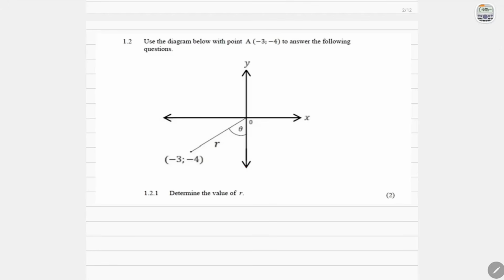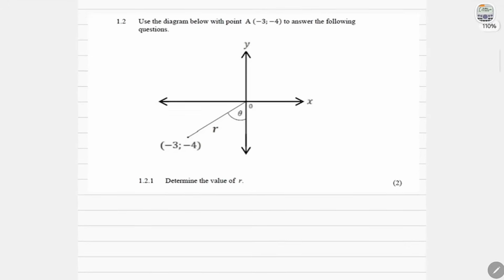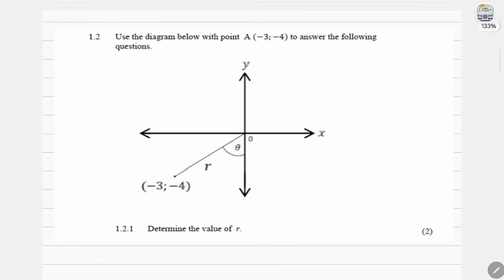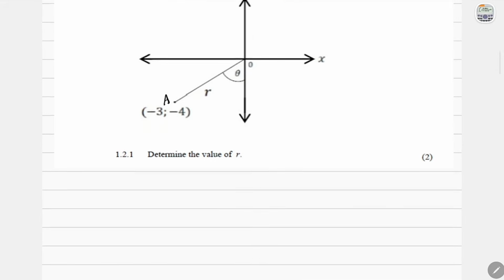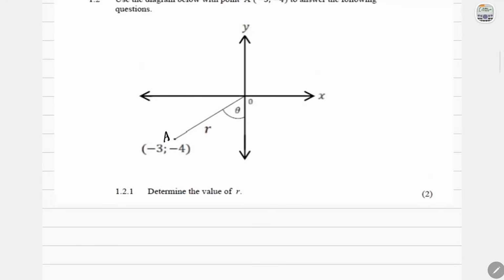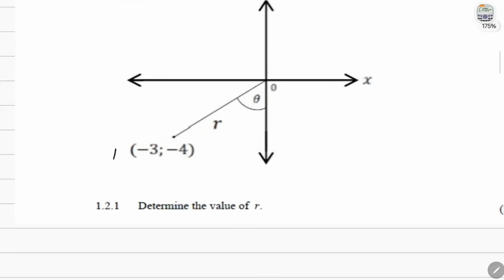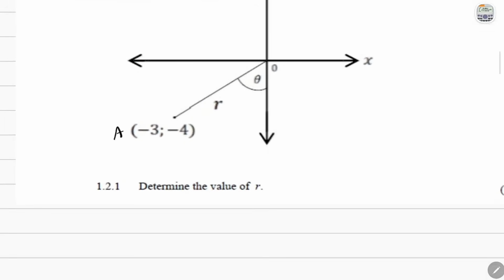The next question, question 1.2, we can see this is on trigonometry. So 1.2 says, use the diagram below with point A, so this is point A, (-3; -4), to answer the following questions. Okay, so they want us to find the value of R. So they've given us this point A, and you can see they gave us an X and a Y value.